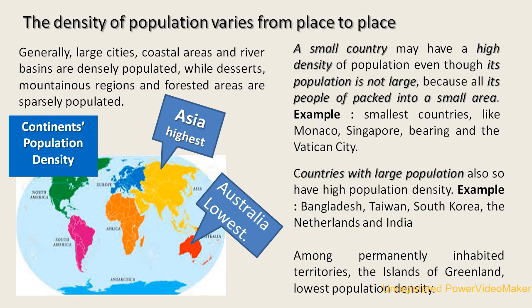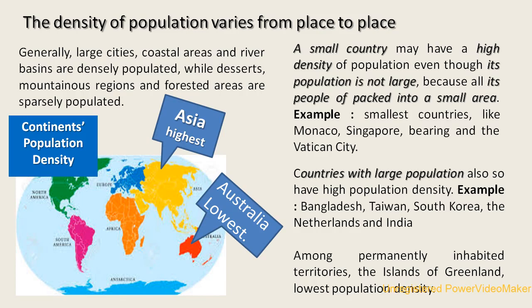For example, Vatican City is a small country, and the number of people living there is not large, and the size of the country is also not large. Because of that, a small country may have a higher density of population.